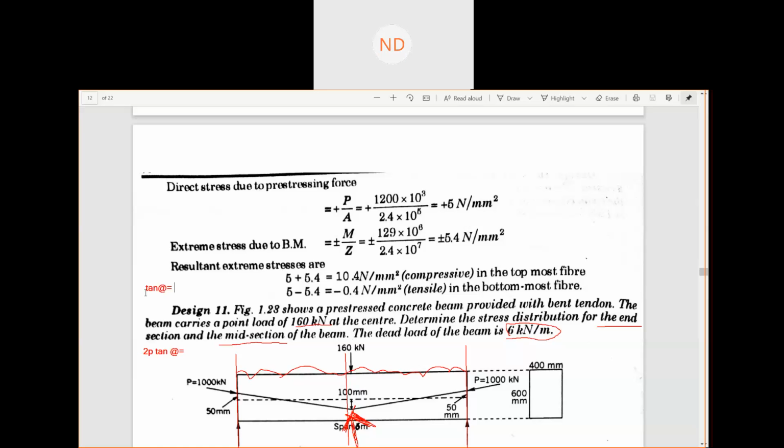No. In the previous question, we had taken this half section, this half portion, and then calculated the tan theta. Now, if you see the left hand side tendon, from the center to the left hand side, what is the profile?